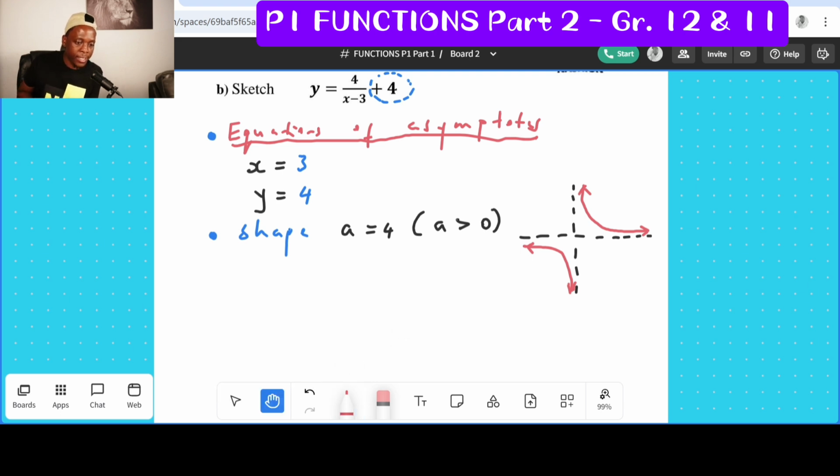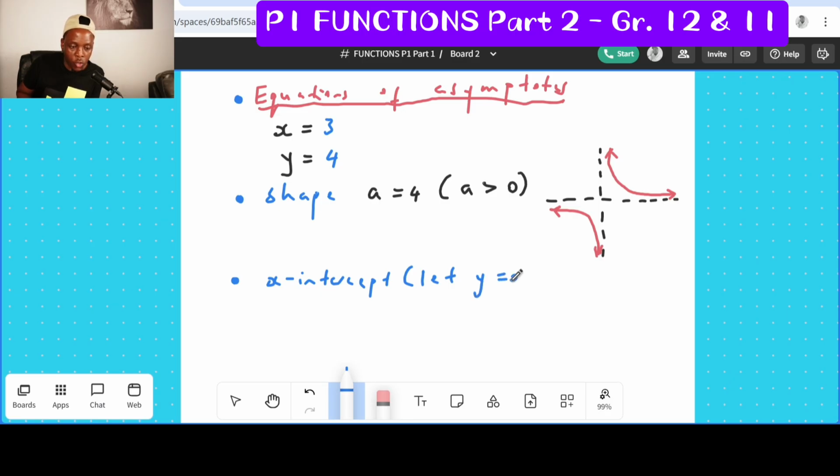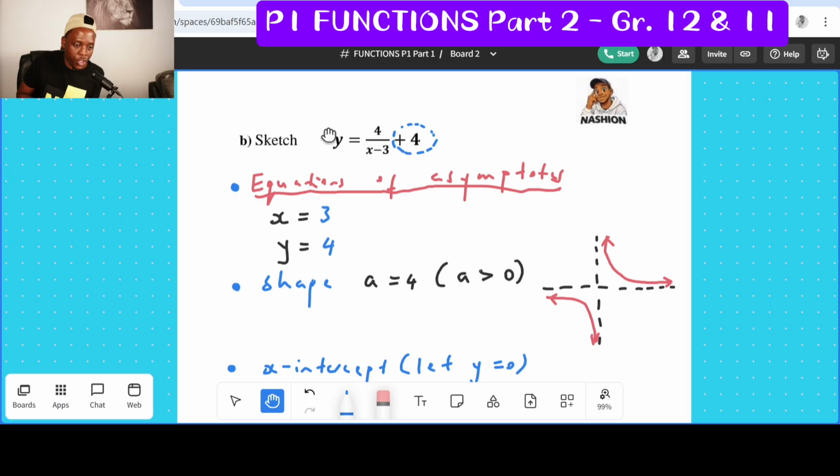I like that. Okay, now what's next will be the intercepts with the x's, starting with the x-intercept. This is the place where we let y equal to 0. You go to your original equation. In the place of y, you write 0.